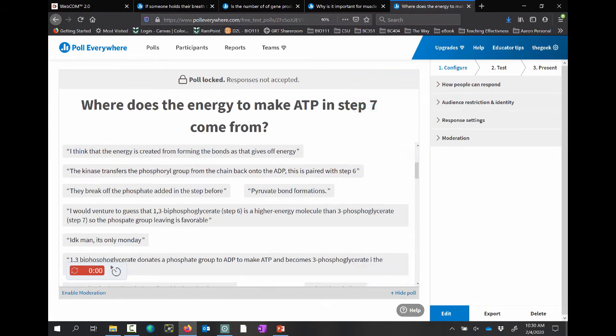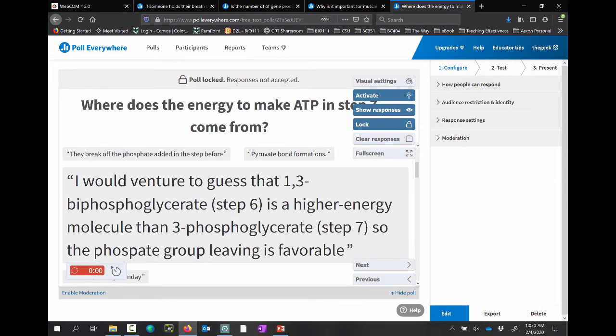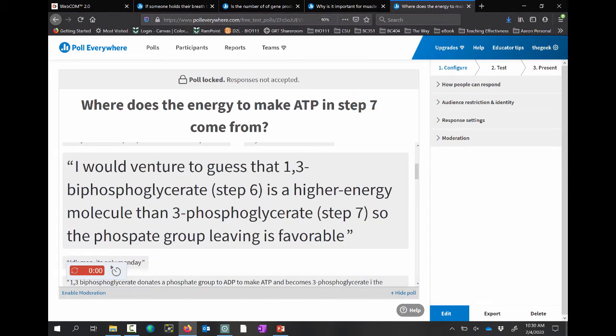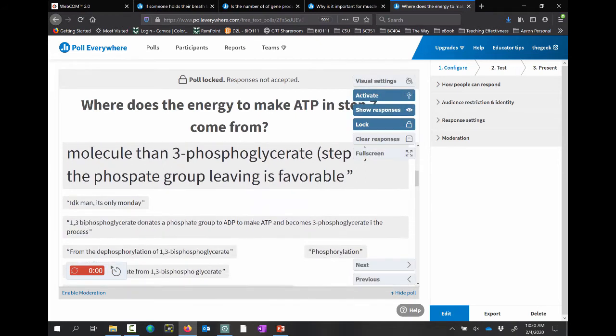This one I would venture to guess that 1,3-bisphosphoglycerate is higher energy molecule than 3-phosphoglycerate, so the phosphate group leaving is favorable. That's an interesting answer. I think that hits along it. Let's see here.